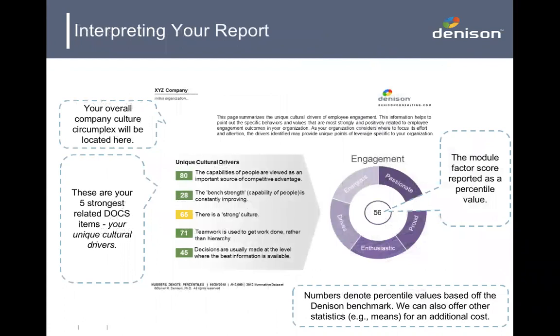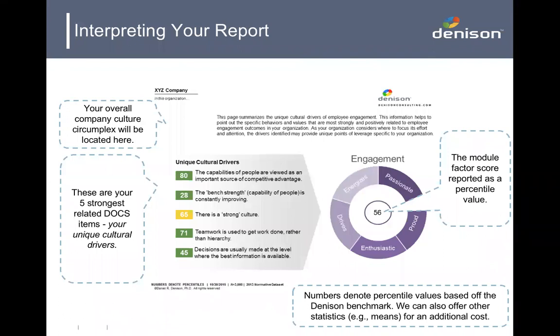So the five strongest drivers of engagement in this study are shown in the middle of the chart. They're the unique culture drivers: capabilities of people, the bench strength, the perception that there's a strong culture, the use of teamwork, and decisions being made at a level where the best information is available.